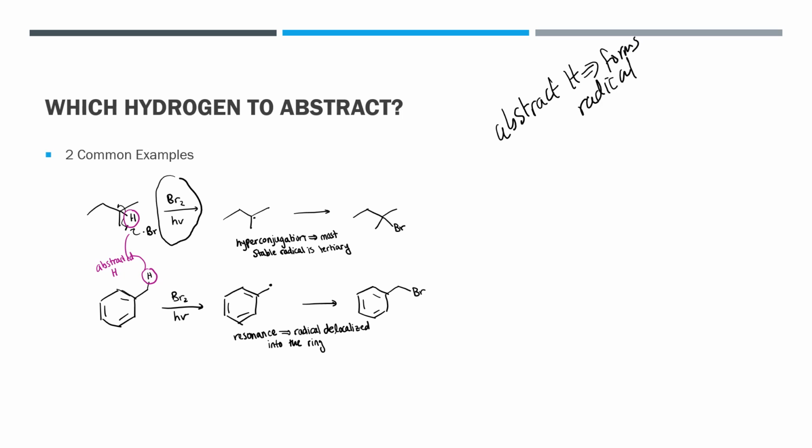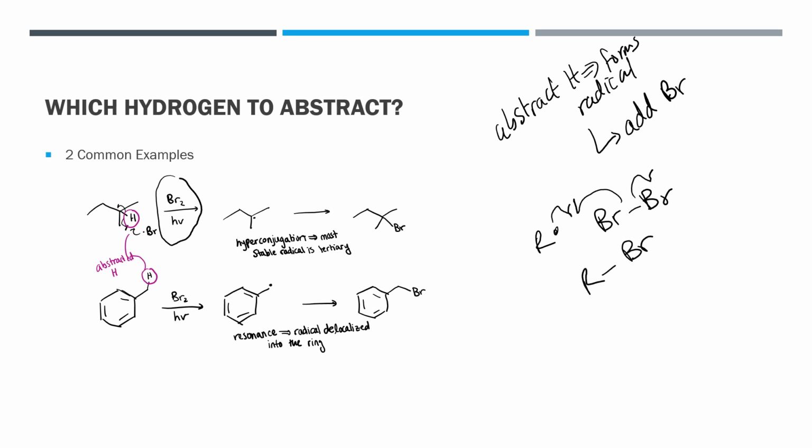And wherever that radical is formed, we add a bromine to that. Because we take that radical, and we have our Br2, and remember, this just hijacks a bromine, and we form that RBr, right? That's what happens with radical halogenation.